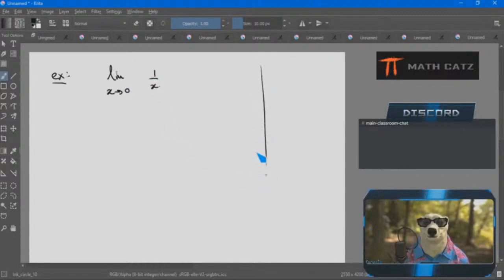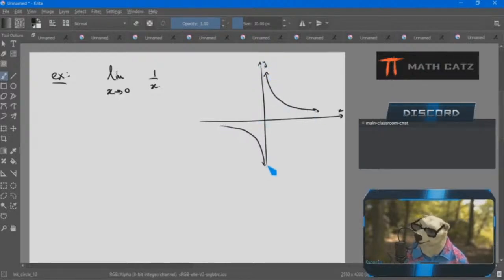Now, remember what this looks like. You have to know this very well because it's a basic function. I'm not even transforming it or anything. I have one vertical asymptote. It's sitting at 0.